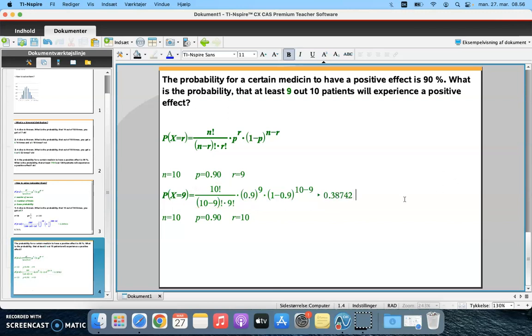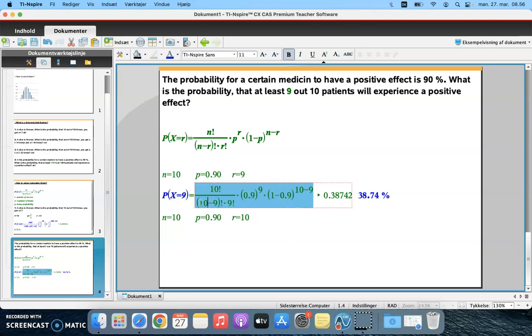So this means that the probability here is 38.74%. Okay, I'm going to highlight it. But this was the probability that exactly 9 out of 10 will experience a positive effect.